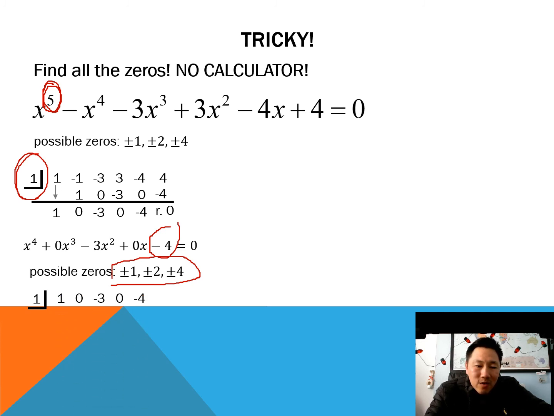All right, so go ahead and do synthetic division with this new polynomial. Simplify. It turns out that 1 doesn't work on this one. So the 1 doesn't happen again.